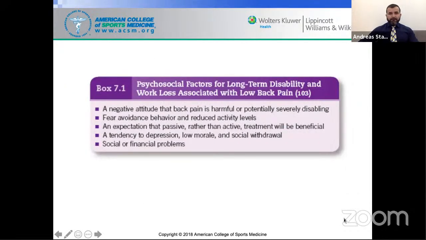These are some psychosocial factors for long-term disability. We don't want to cause any kind of disability. We're trying to avoid that. We need people to be functional. We need people to be independent.